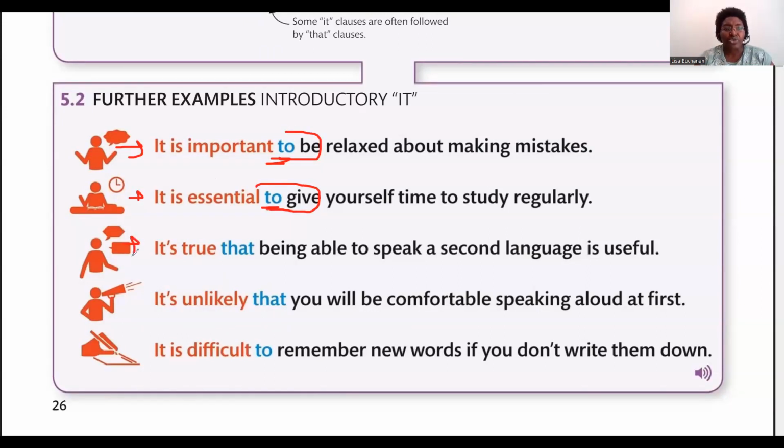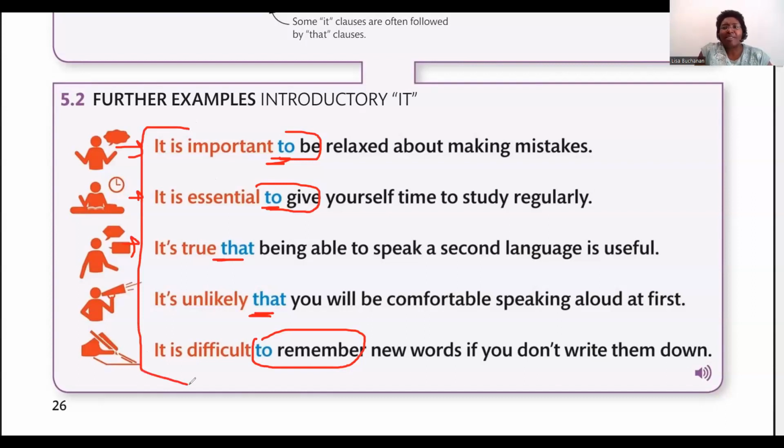Next one, it's true that being able to speak a second language is useful. It's unlikely that you will be comfortable speaking aloud at first. It's difficult to remember new words if you don't write them down. So again, all of these examples, we are talking very, very generally.